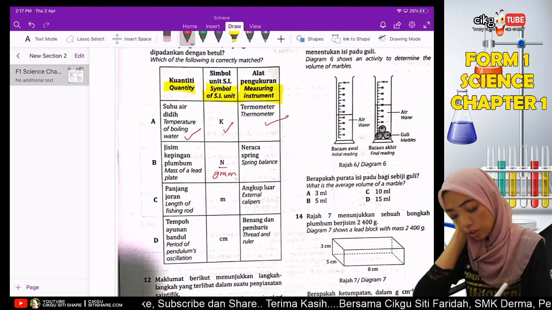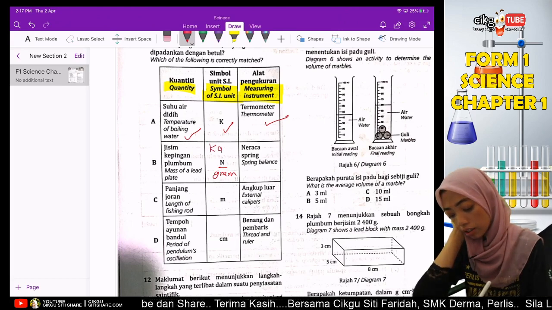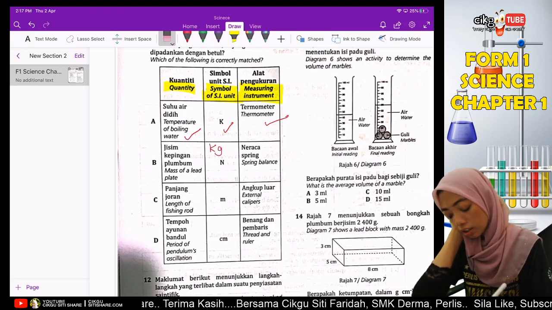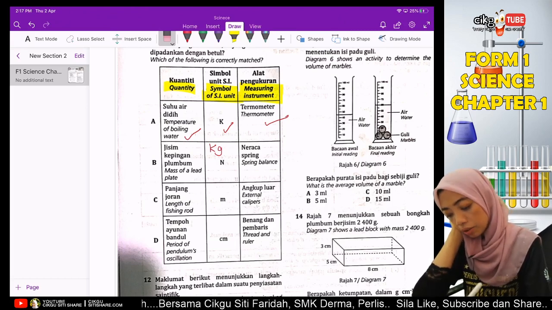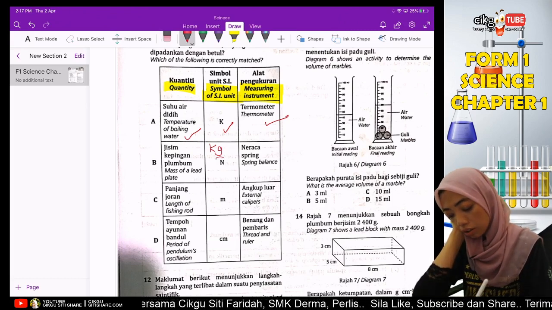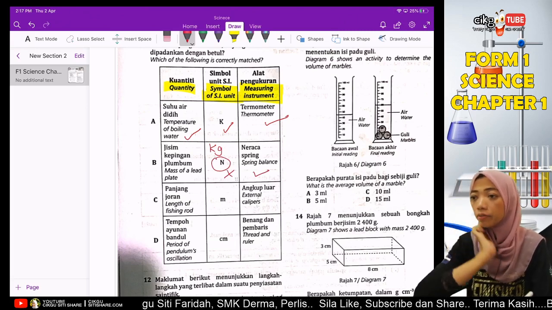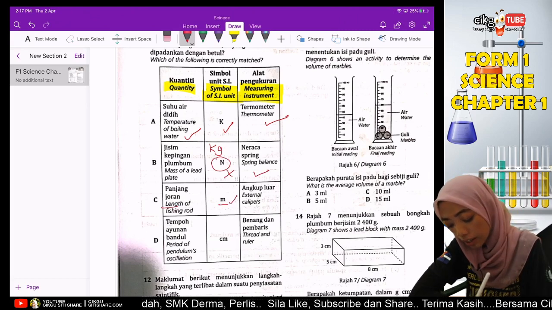So the SI unit for mass is kilogram, kg. Okay, spring balance. Yes, spring balance can measure mass, but the unit is wrong. Spring balance is correct for force. Length, meter. Yes, right.